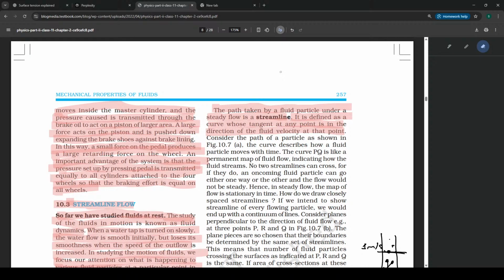Every particle passing through a point has the same velocity. That is called a steady flow, and this fluid particle path under a steady flow is called a streamline. It is defined as a curve whose tangent at any point is in the direction of the fluid velocity at that point. Let's read that again. The streamline is defined as a curve whose tangent at any point is in the direction of the fluid velocity at that point.